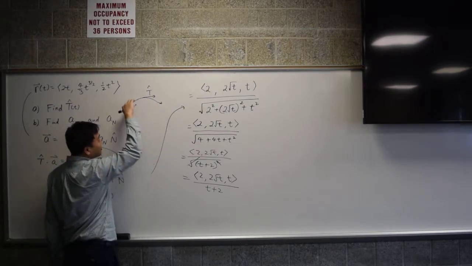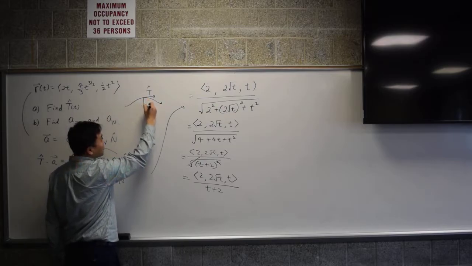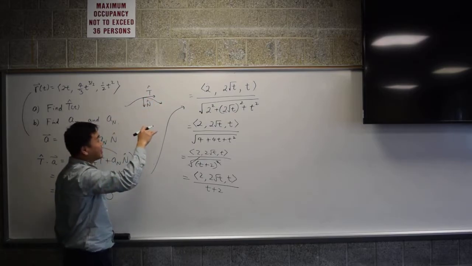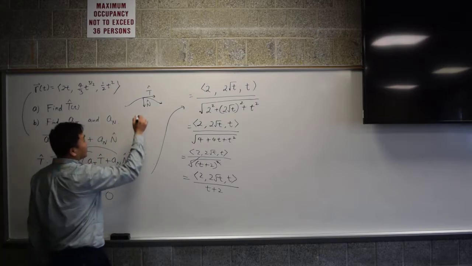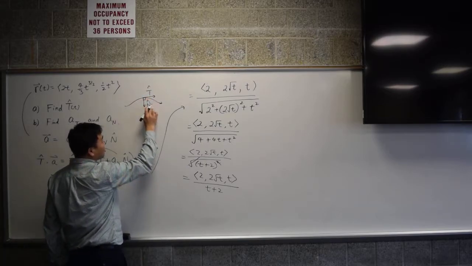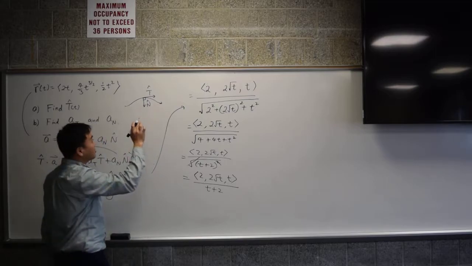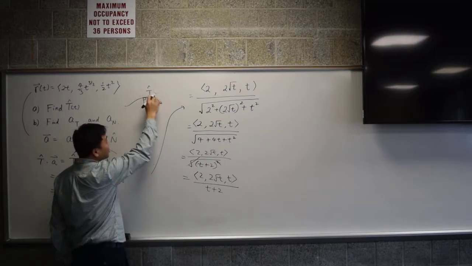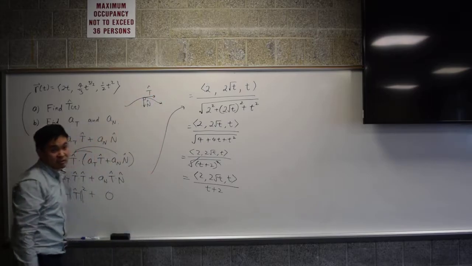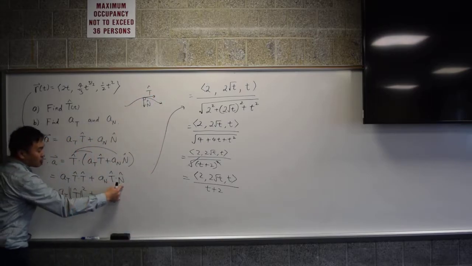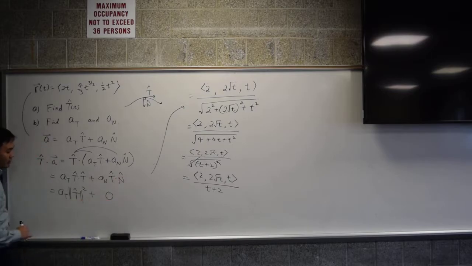And then because it's bent this way, the normal vector will be pointing to the direction it's bending. So the normal vector is that way. And the reason you call this a normal vector is because it's always perpendicular to the trajectory. In other words, it's always perpendicular to the tangential vector. So these two vectors are perpendicular, and therefore we get that.